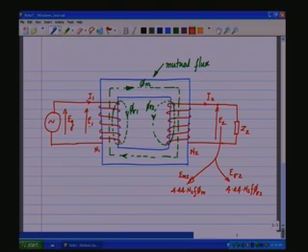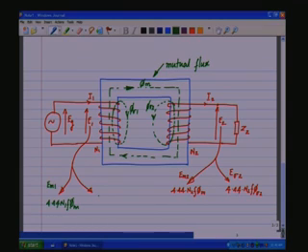Likewise, on the primary side also you have two components which are producing the induced EMFs. One component is 4.44 N1 F into phi m. This is the voltage that is induced due to the mutual flux flowing in the core, which links both the primary and the secondary.